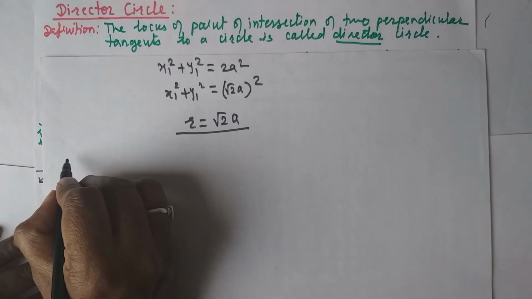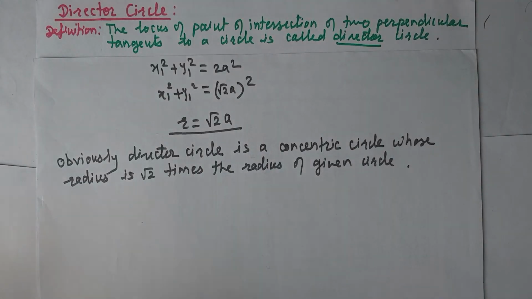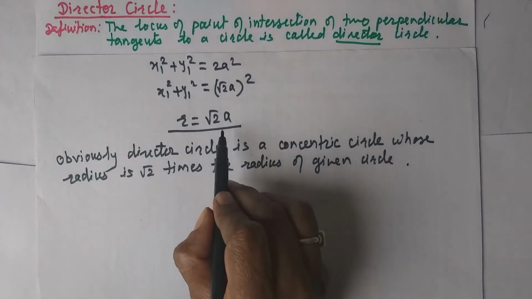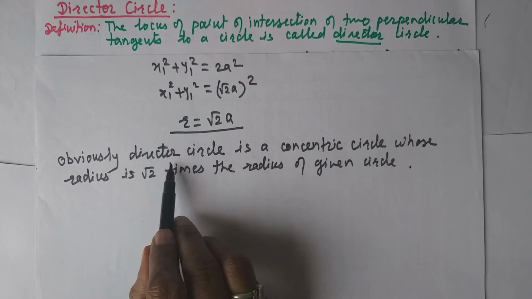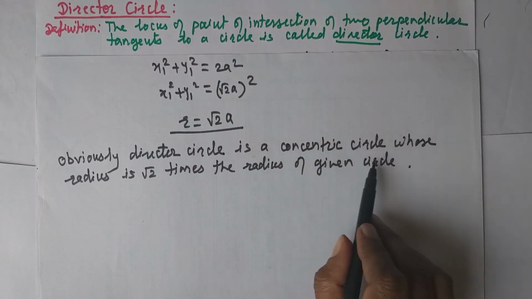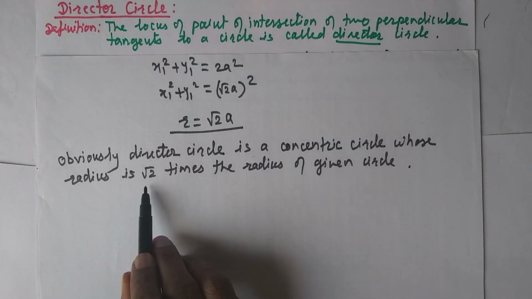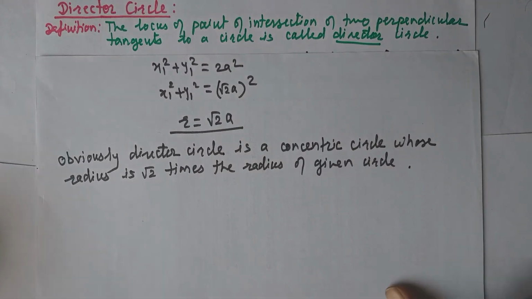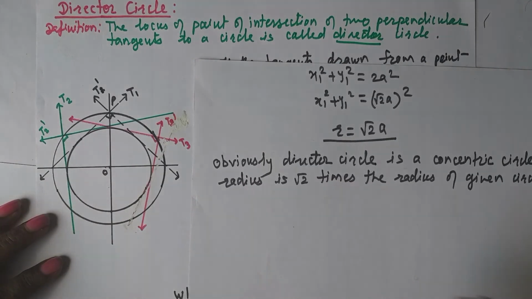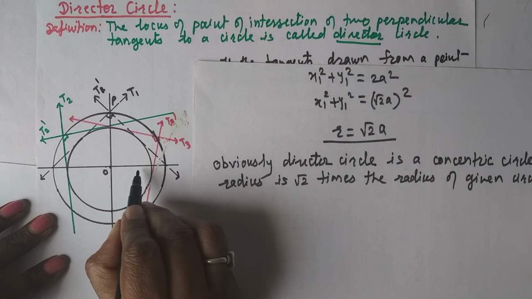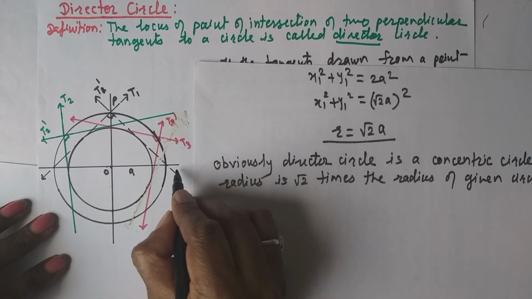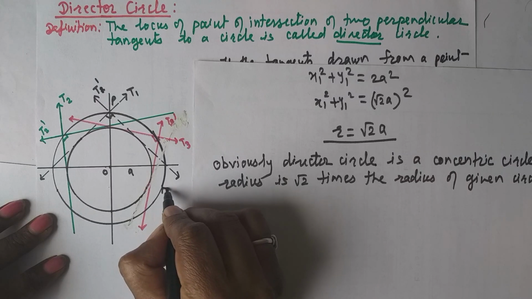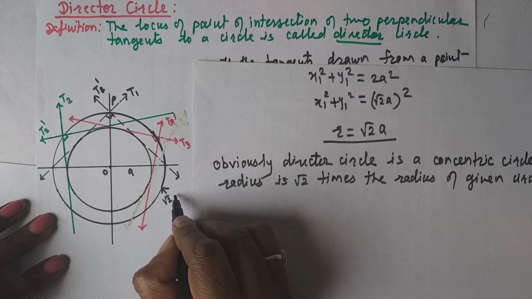We will write this. In this way, if the radius of the given circle is a, the radius of the director circle is root 2 times a. Obviously, the director circle is a concentric circle whose radius is root 2 times the radius of the given circle. See the diagram. If the radius of this innermost circle is a, then the radius of the director circle, the circle outside, will be root 2 times a.